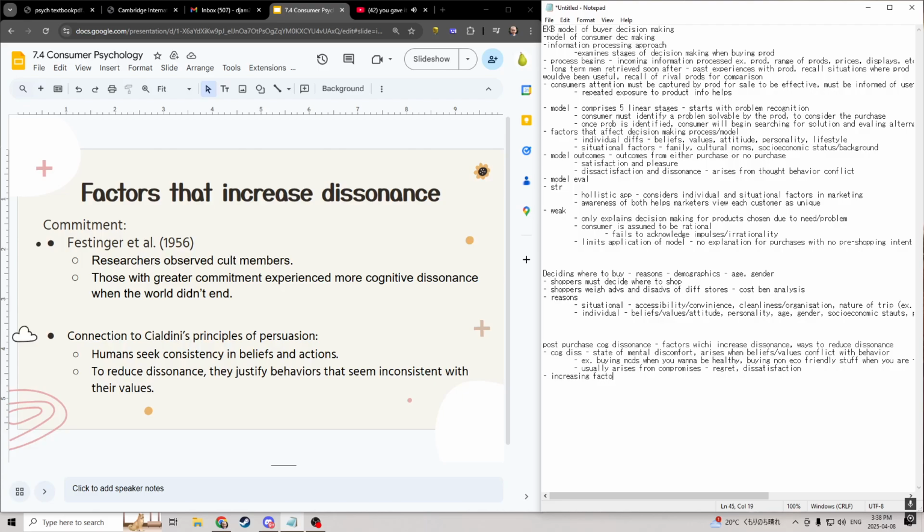Increasing factors. Greater commitment. Humans seek consistency in beliefs and actions. To reduce dissonance, they justify behaviors seeming consistent with their values.